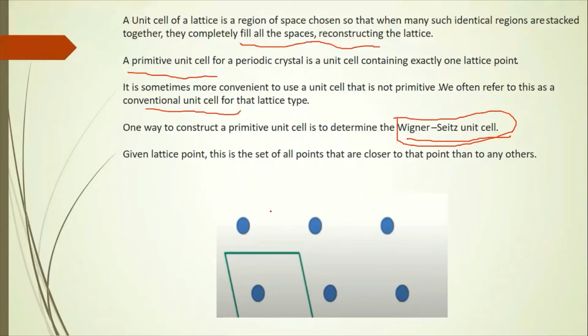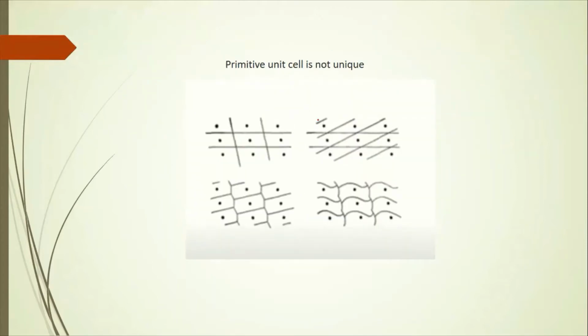We need to go further in this slide. Much like primitive lattice vectors, the primitive unit cell is not unique. We can see from this picture that this is not a unique primitive cell, like the one I described in the previous slides.